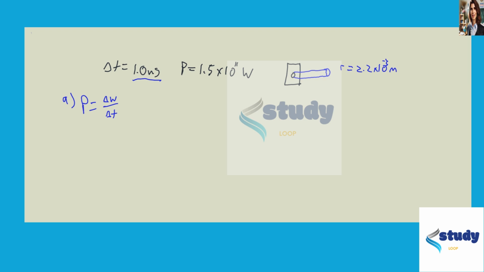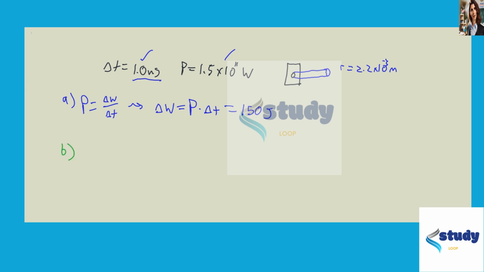So we're just rearranging this equation here to get that our delta work is P times dt. And we have both of those. So it's 150 joules of energy are deposited with each pulse. So that's not too bad.